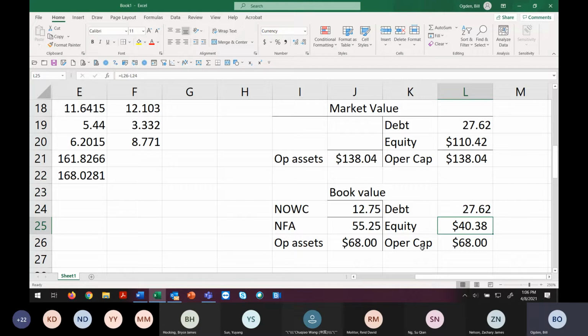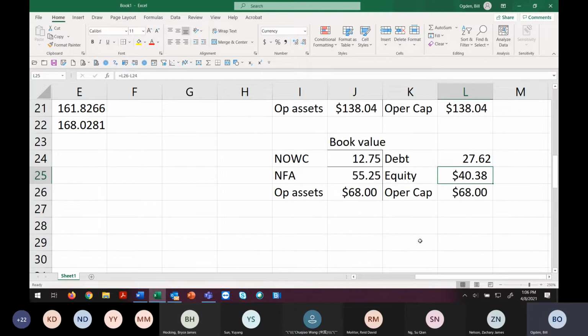Put yourself in the shoes of the shareholders for the Aubrey company. Should they be happy with the way their company's being managed? And what would tell you that? Okay, well, we have one indication.